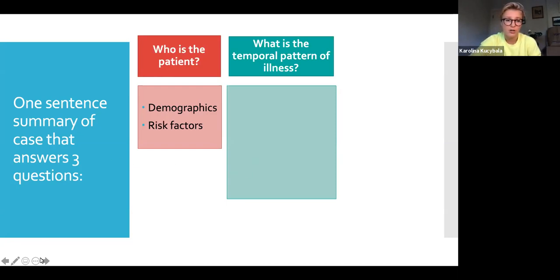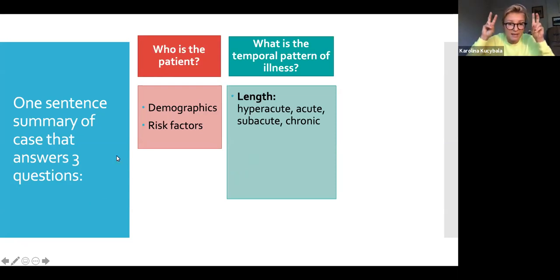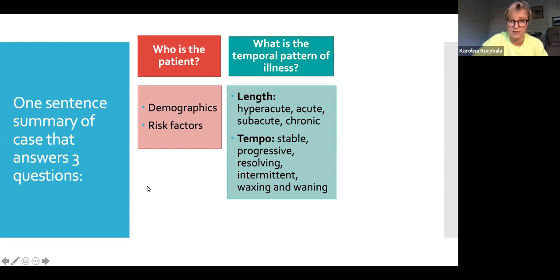Here you're talking about the length of the illness, using what we call in the clinical reasoning world semantic qualifiers. It's kind of like medical jargon that makes us think certain things. There's hyperacute, acute, subacute, chronic, and also the tempo of the illness, with qualifiers like stable, progressive, waxing and waning.